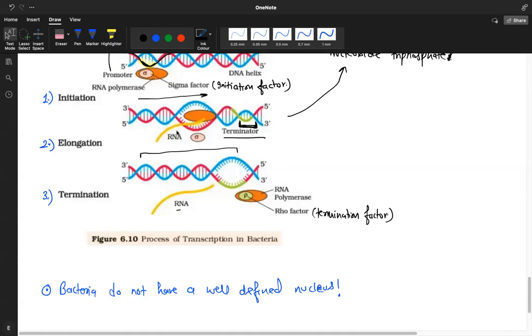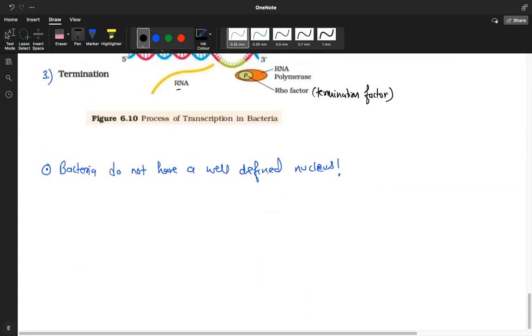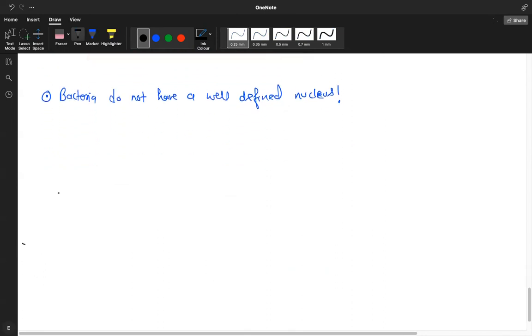Can you repeat again? In bacteria or prokaryotes, I was drinking some water. In bacteria or prokaryotes, transcription and translation are coupled.